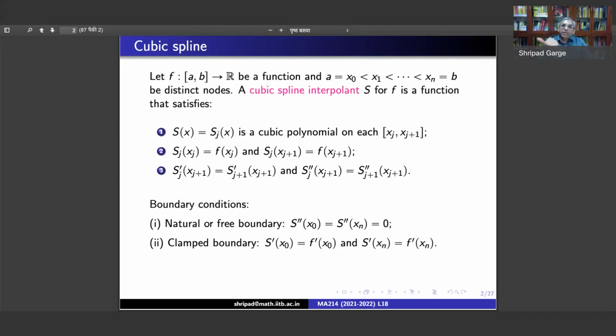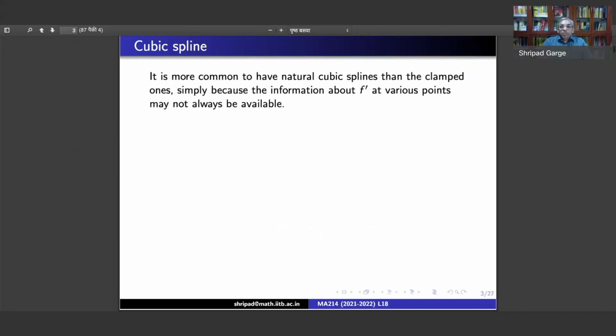So we have cubic spline with the natural boundary condition or the clamped boundary condition, and it's more common, of course, to have natural cubic splines than the clamped ones because information about derivative at various points may not always be available.